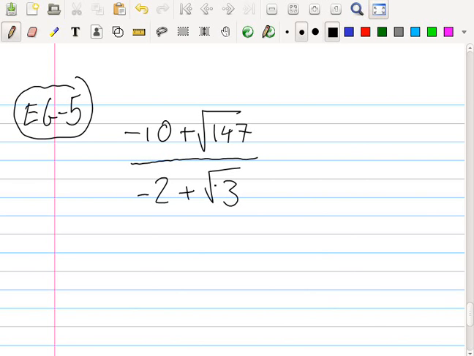So how does rationalizing the denominator work? Well, what you do is multiply by the denominator, but with the sign changed: minus 2 plus root 3 becomes minus 2 minus root 3.